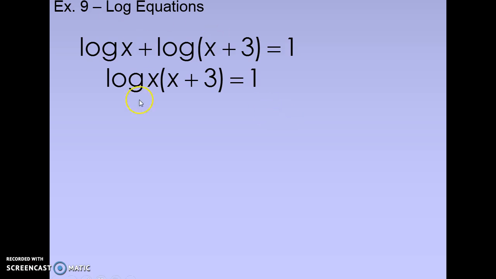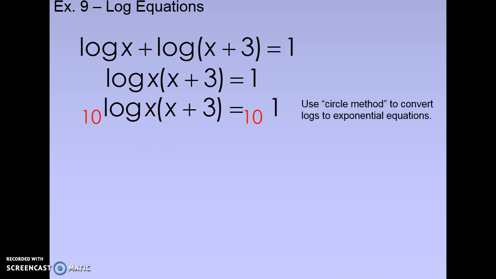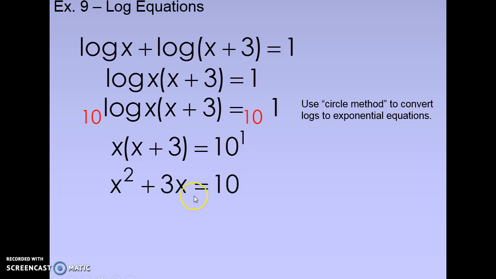So now we have log x times x plus 3 equals 1. Remember, understood base 10 here, so we can convert this to an exponential equation. Using our circle method, we have x times x plus 3 equals 10 to the first power, or it's just 10.